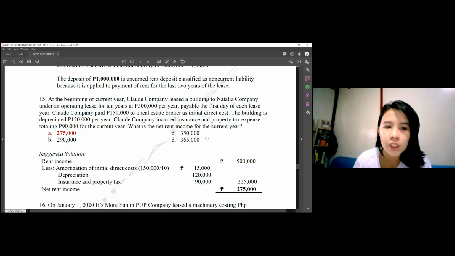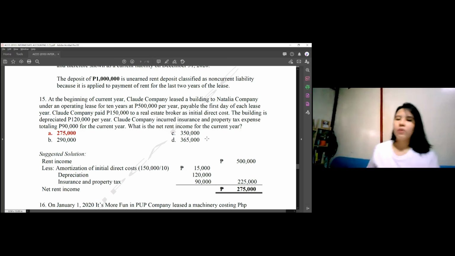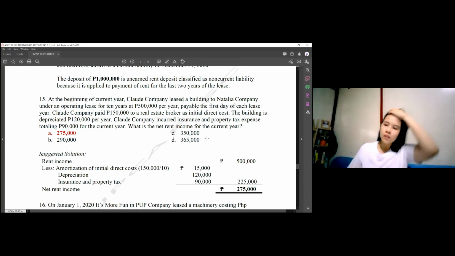And then, for depreciation, and given na outright, plus yung insurance and property taxes. So, yeah, we'll get a total of 225,000 na deductions or say costs. So we'll get the net rent income of 275,000. So ayan.